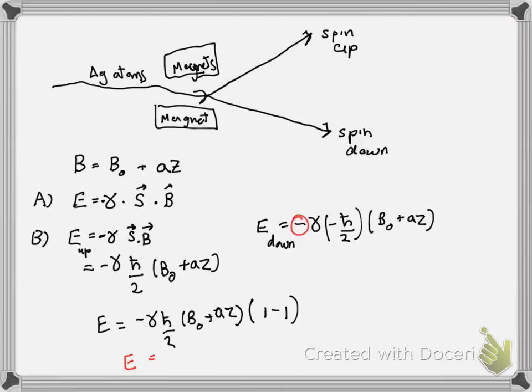So you end up finding, much like we did before, that your energy splitting is going to be the gyromagnetic ratio times Planck's constant times the magnetic field, where we now have this expression for the magnetic field.